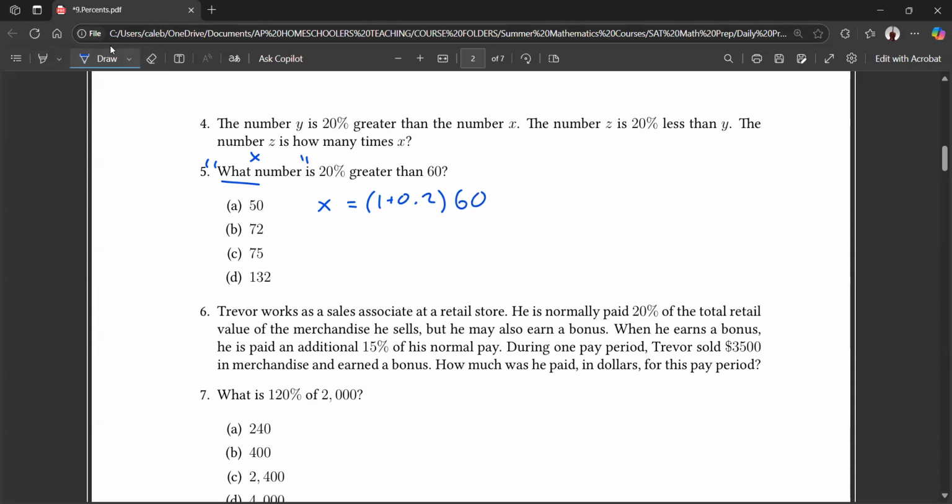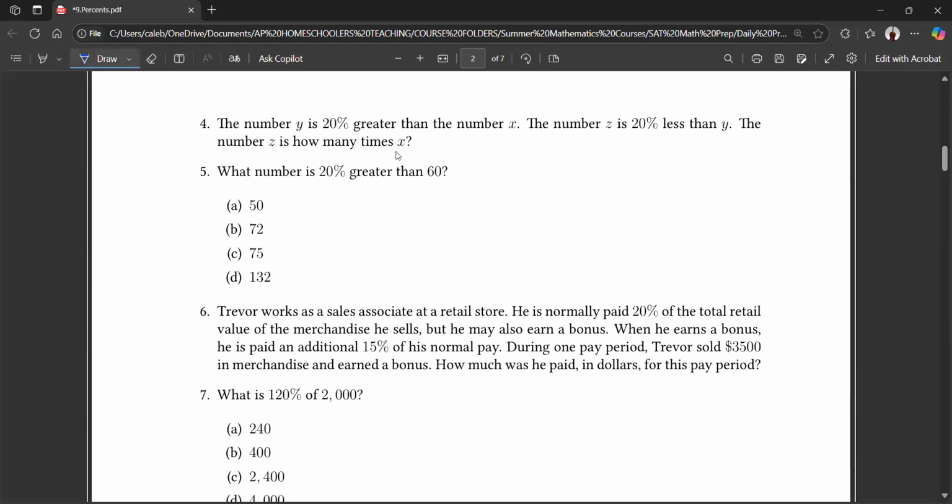So 1.2 times 60 is precisely the number that is going to be 20% greater than 60. Okay, so that's how you'd set that up. Actually, now that I'm looking at it, I really like question 4 here because it would be one of those types of questions that looks really tricky just by the way it's worded, but when you really break down what it's saying, it's not that bad.